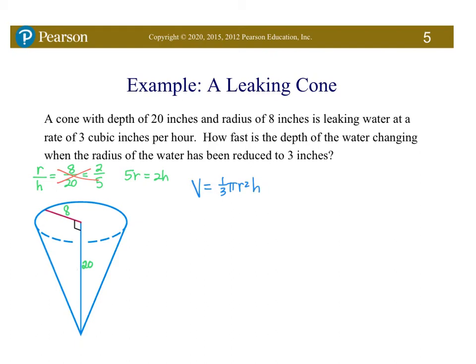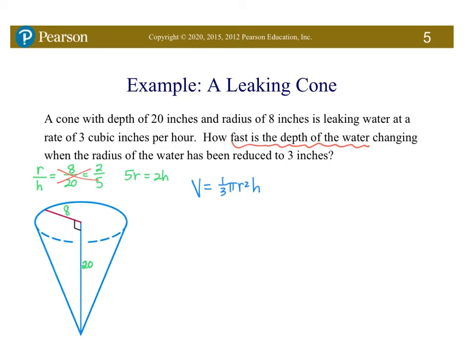Now you have to be a little bit savvy here because you have multiple variables, but we do know that the relationship between radius and height is something that we can work with. The question is going to eventually be about the depth of the water, and so that's the value of h in this situation. Okay, we've got water that's descending out of this cone, and so h is the variable we want to preserve.